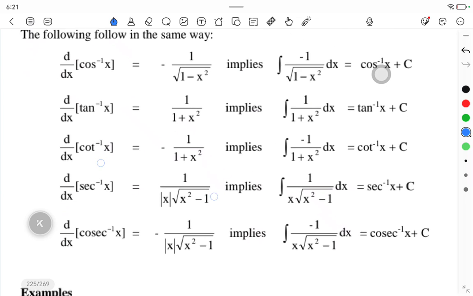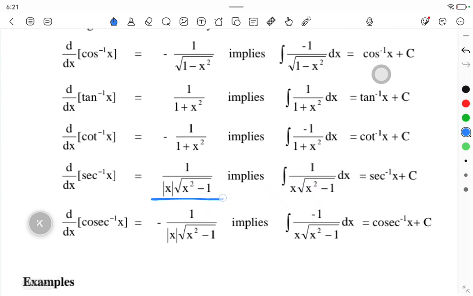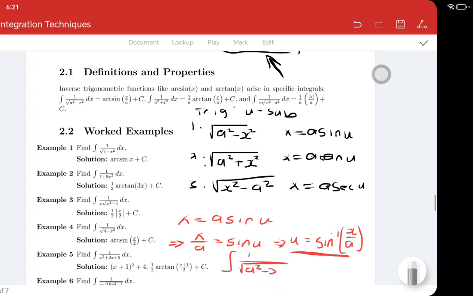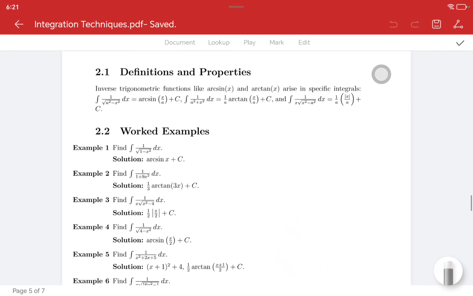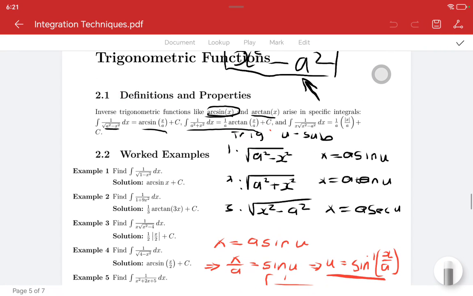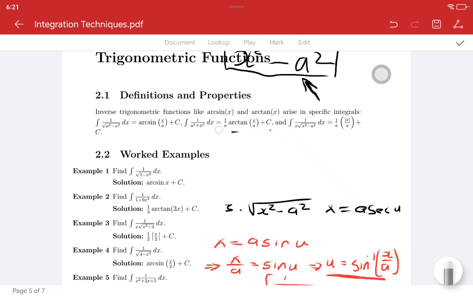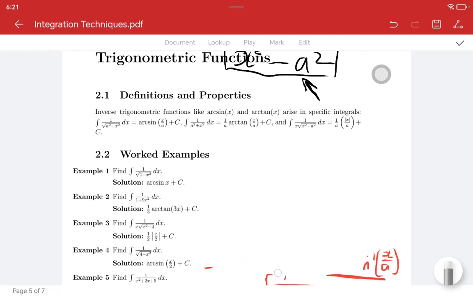This will happen if we come to this one, which I included there. The only difference between these two is just the same as the sine and the cos: the only difference is the sign. If we go back to the slides, we realize that these are the properties that we should know.